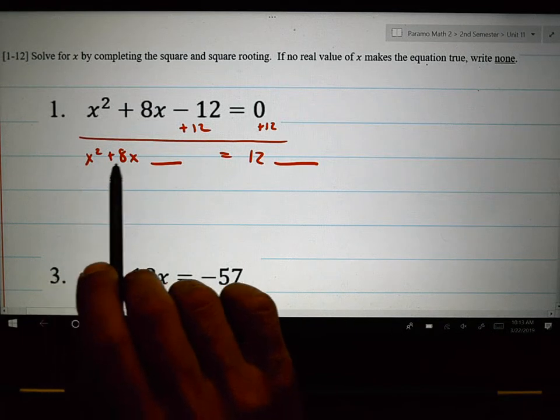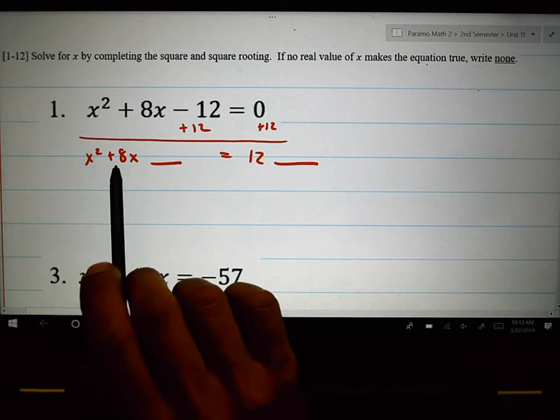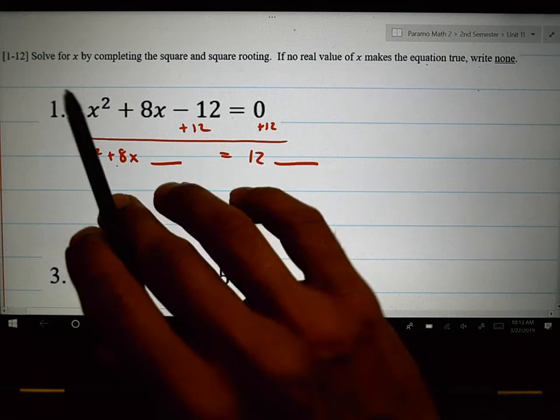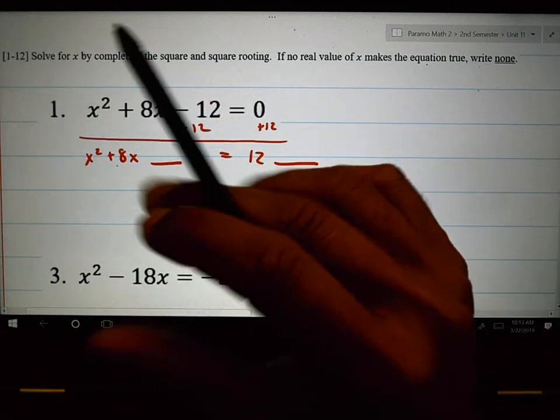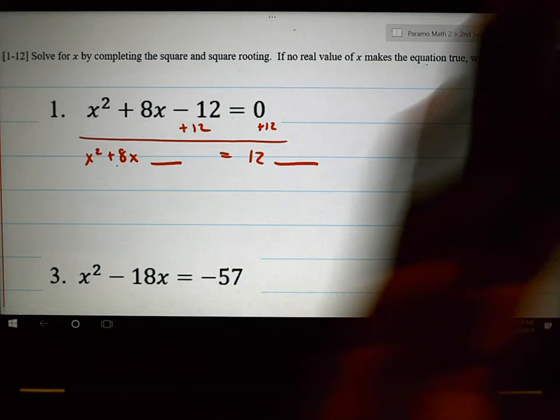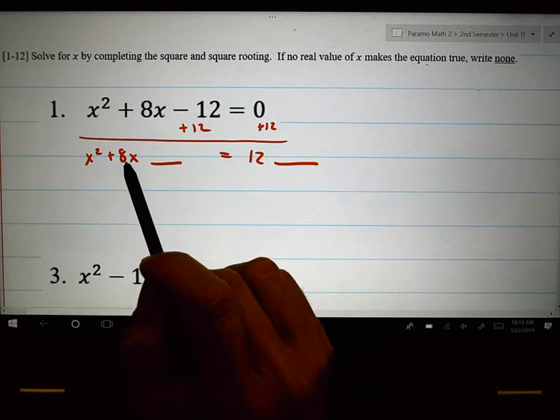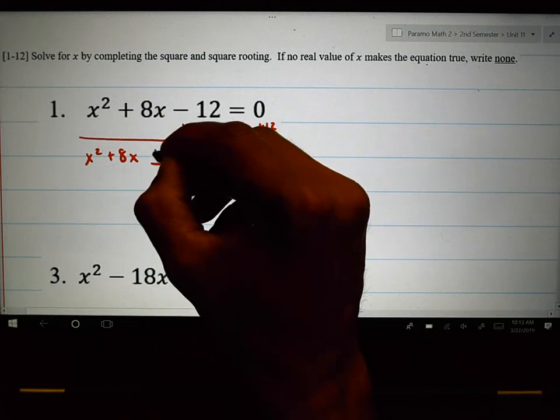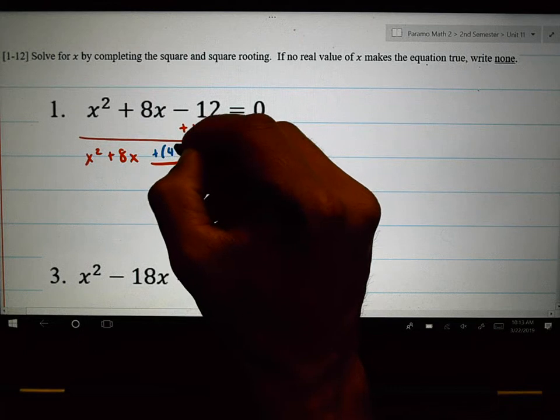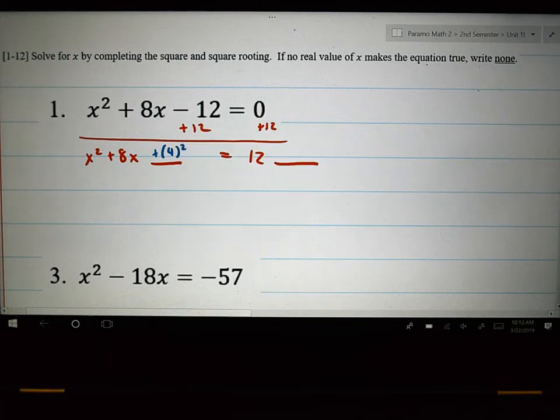You have an x squared. Remember how when we were doing the completing the square, we put 4 on one side and we put 4 on the other? Half of it was 4, and then you squared that. So I'm going to put in parentheses plus 4 squared in that underscore.